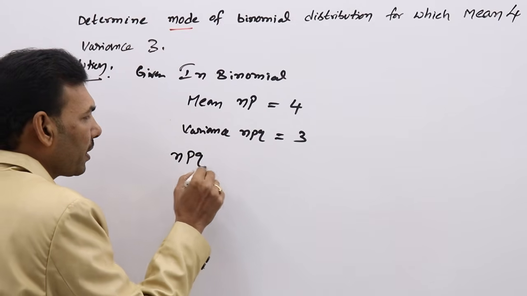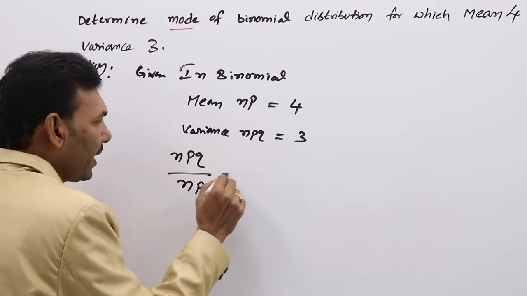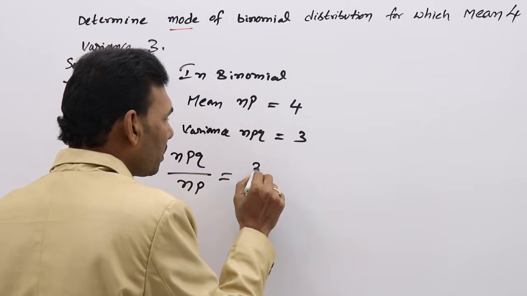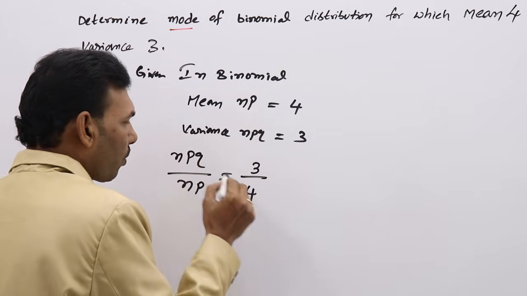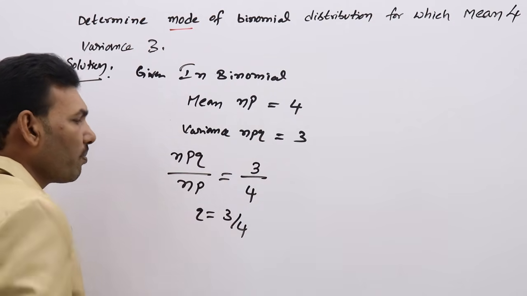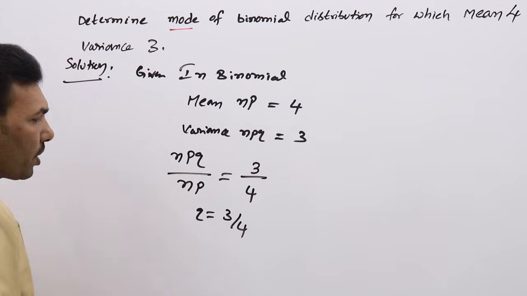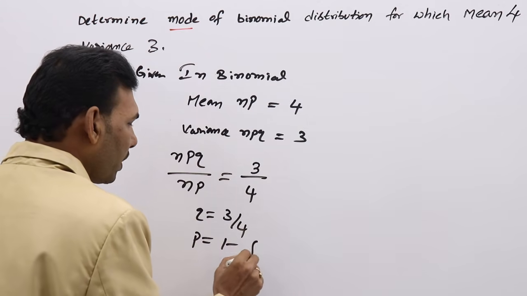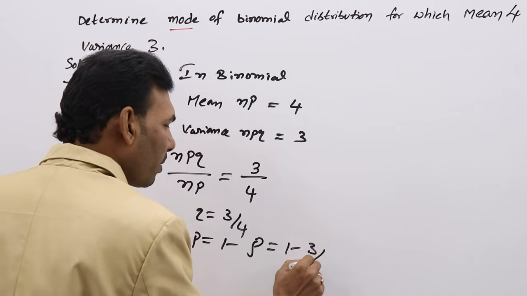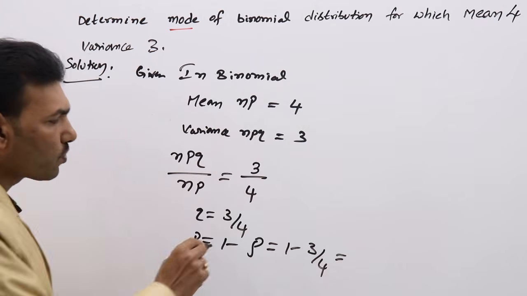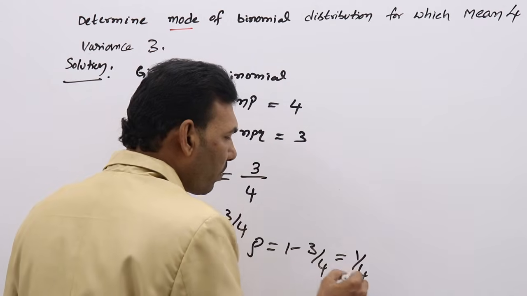Now NPQ by NP, if you calculate, you will get Q value. What is NPQ? 3. NP 4. So NP gets cancelled. Q equals 3 by 4. Now find out P. P equals 1 minus Q, 1 minus 3 by 4 means 4 minus 3 by 4, 1 by 4.